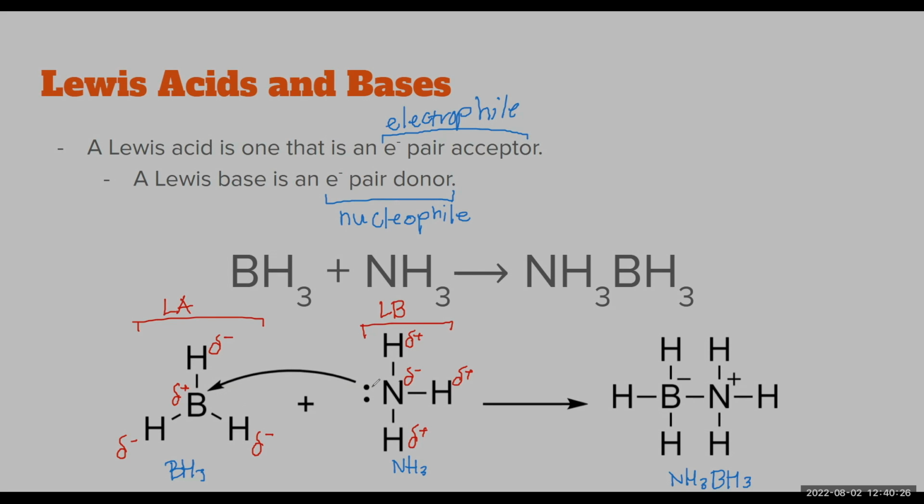So we know that this very electron-rich NH3 is going to function as the one that can donate its electrons to this BH3 right here. So if you pair this up, that's how we end up forming this product right here. We get that bond forming because the NH3 is going to be able to attack that electrophilic boron.